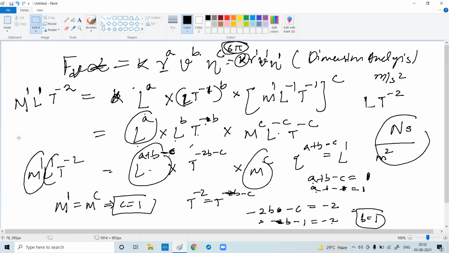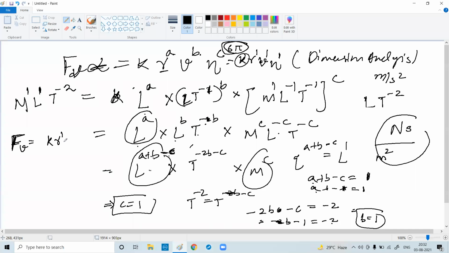I have studied and found this out and told you. So your final expression for the viscous force acting on a sphere inside a liquid is K into R1, velocity 1, eta 1. Is it clear?